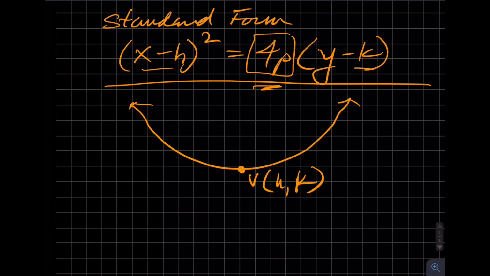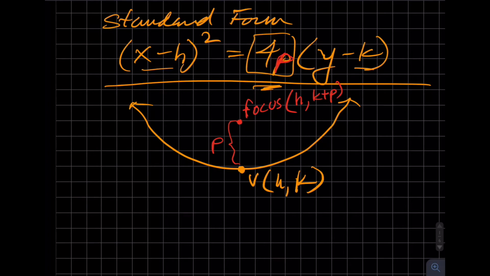Then I have this thing called a focus, and the focus is at (h, k plus p). Or in other words, this distance is equivalent to that p value up here.